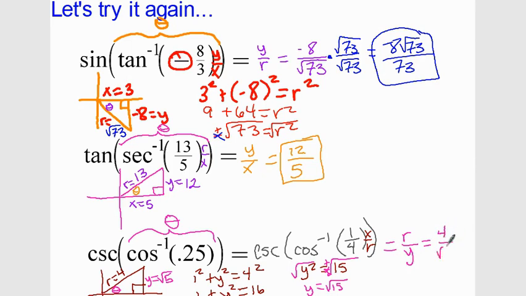My y value is root 15. When I rationalize it, multiplying by whatever's under the radical in the denominator, what I do to the denominator, I have to do to the numerator. And that's going to give me 4 root 15 over 15, final answer. And that's it. Not too bad. Just drawing triangles when it's not on the unit circle.